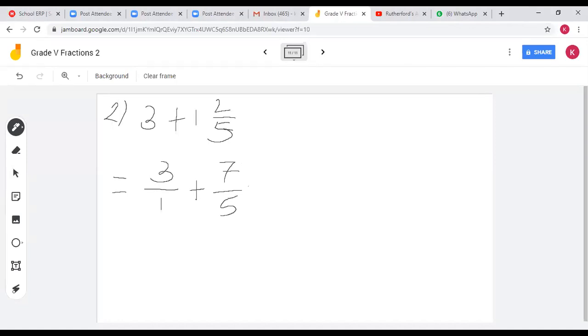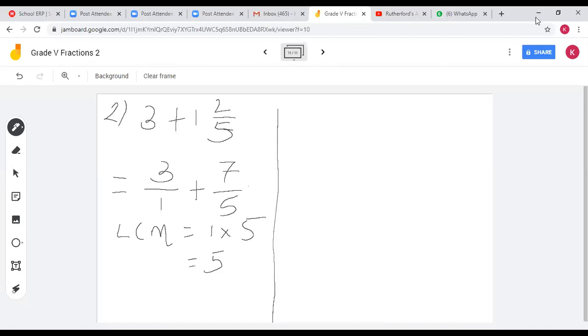First you have to convert the whole number into a fraction and the mixed fraction into an improper fraction. Now finding the LCM. 1 and 5 are both prime numbers. 1 is a unique number, we know that, and 5 is a prime number. So their LCM is 1 into 5, which is 5. This part is easy because in this example the denominators are very easy.